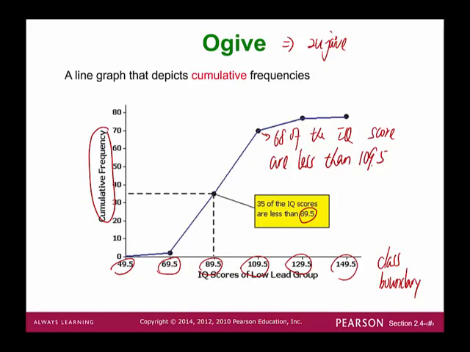And then the last one: if you look at this particular point here, 70 of all IQ scores are less than 129.5.